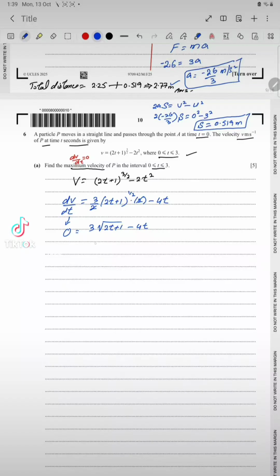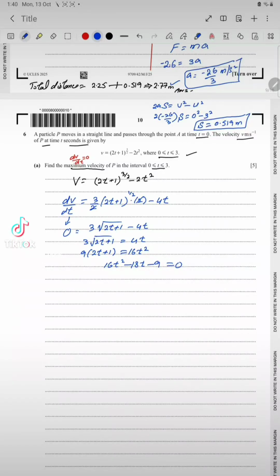So simplifying it, I can rewrite 3 root 2t plus 1 equals 4t, shifting this side and squaring on both sides. 9 times 2t plus 1 is equal to 16t square. So 16t square minus 18t minus 9 equal to 0.